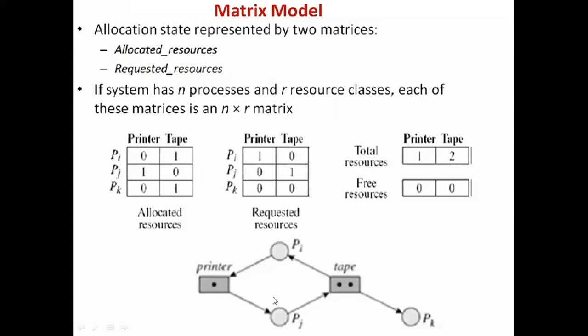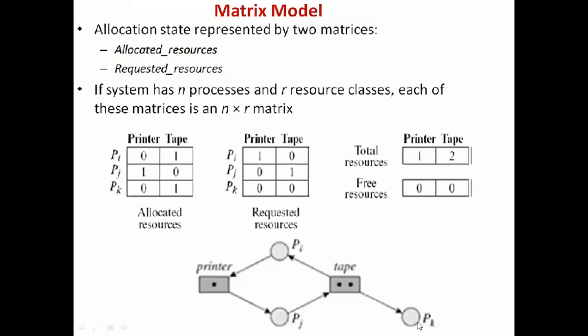And if we look at the second process PJ, this PJ is requesting for the tape. So this process PJ is requesting for the resource tape. Hence I can write here 1, and the same process PJ is not requesting for the printer. Hence I can write here 0.